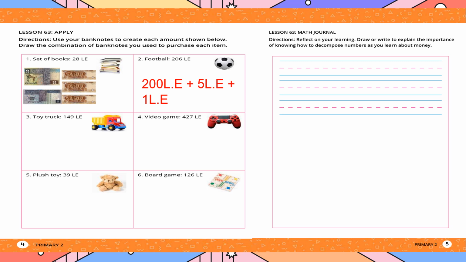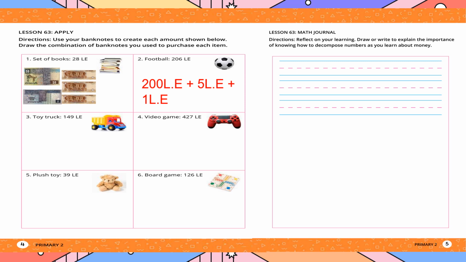Number 3. Toy truck for 149 LE. Let's decompose this. 100. Do we have banknote called 100? Yes. So we put 100 LE. 40. Do we have any banknote called 40? No, but we have banknote called 20.